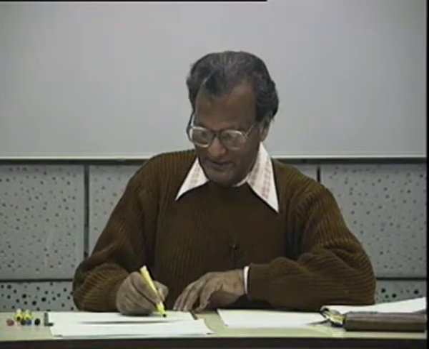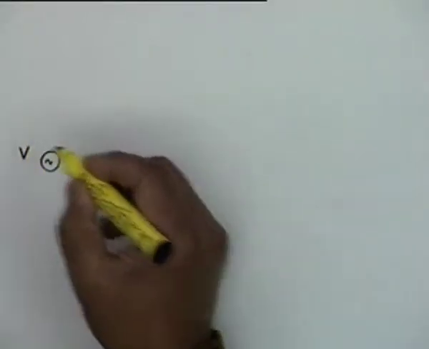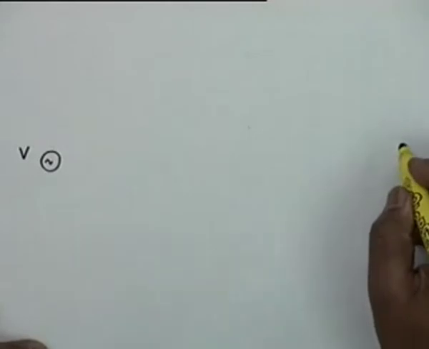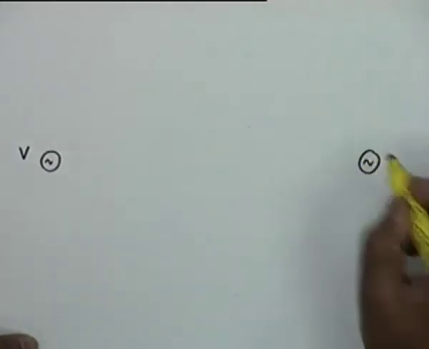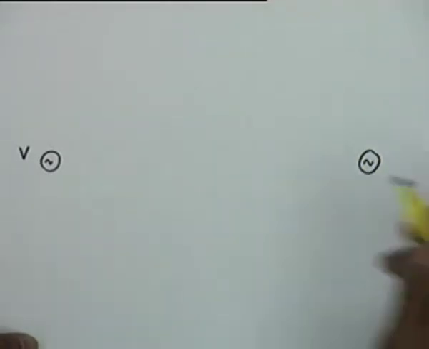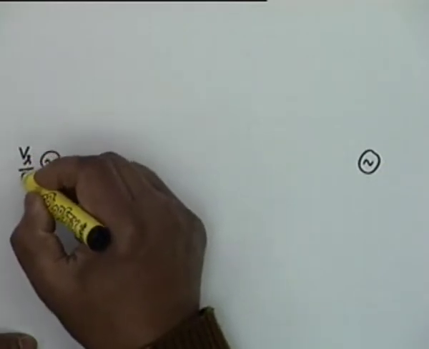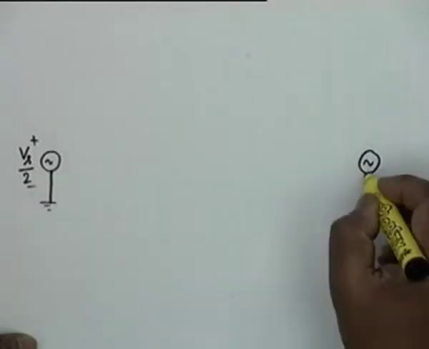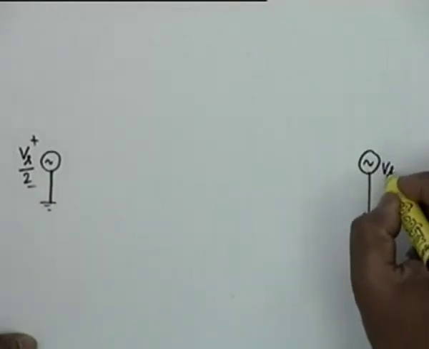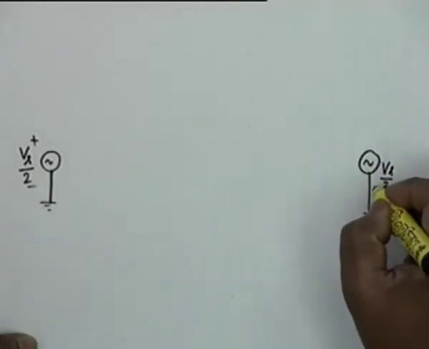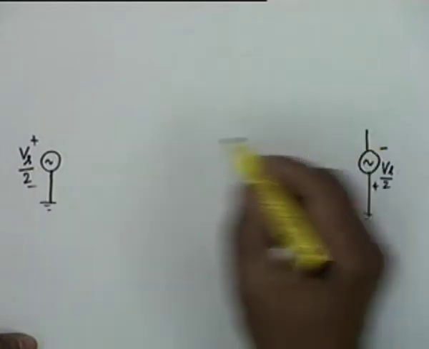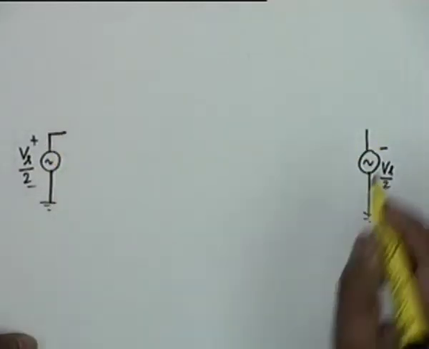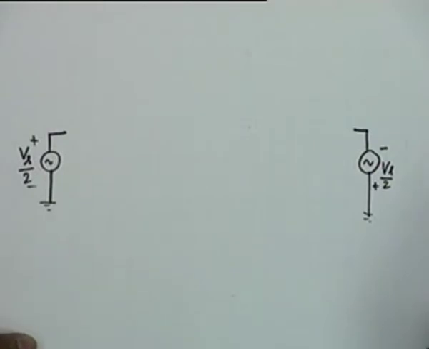If I do that, then let me view the signal also. Instead of Vs, let me view this as Vs by 2 with this polarity and Vs by 2 with this polarity, plus minus. So that the total voltage applied is Vs, the difference voltage.